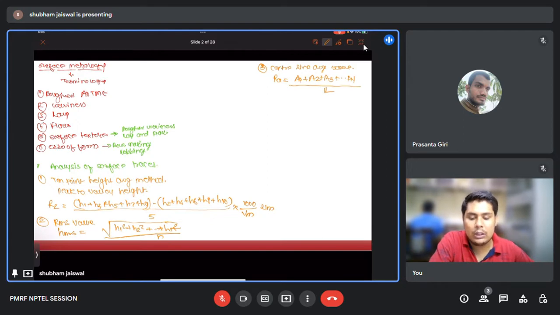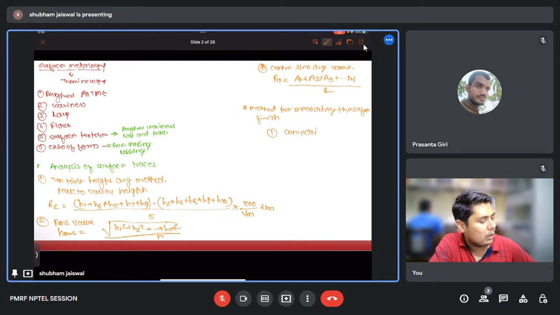After this, we have seen the methods for measuring surface finish. In this, we have seen two methods. One is the comparison method, like visual inspection or by touch, where we talk about the surface finish of the surface.